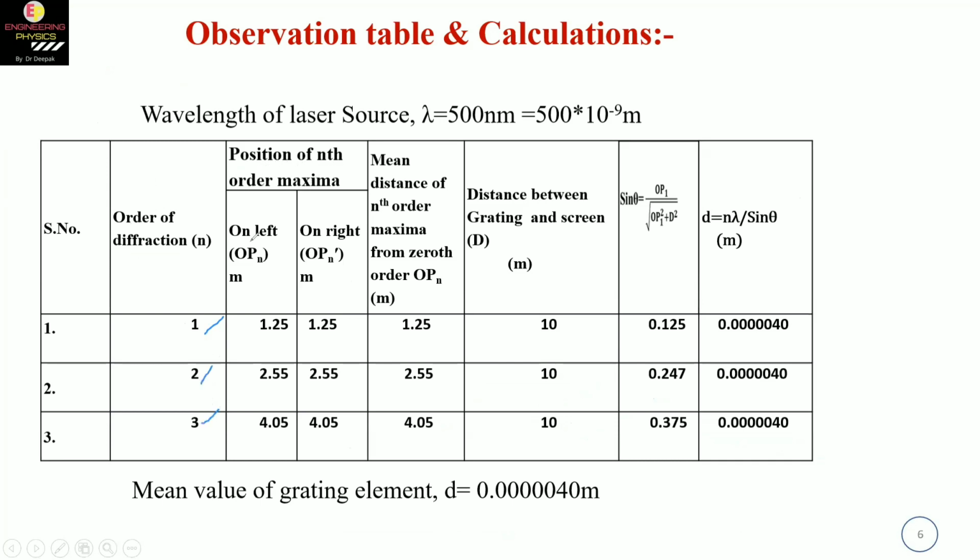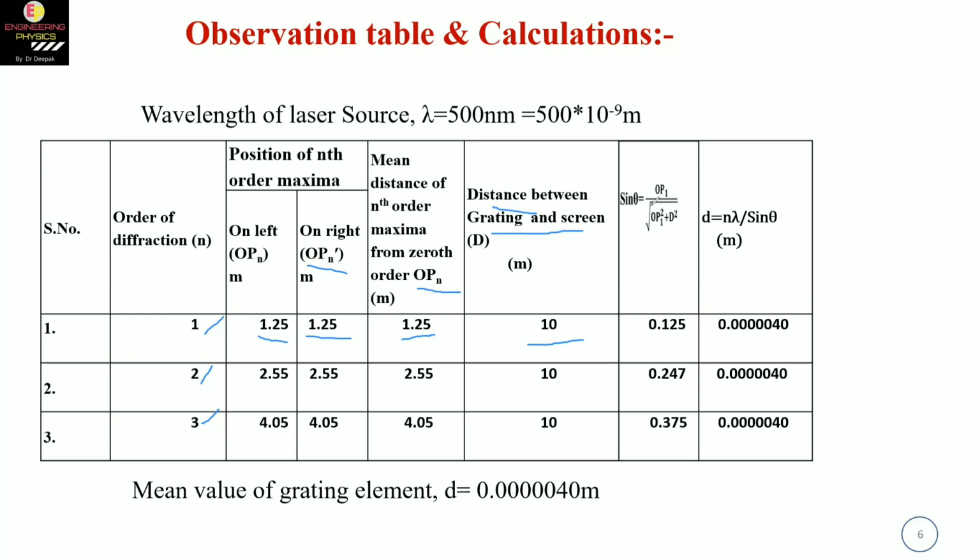Position of the nth order maxima on the left side OPn is 1.25, on the right side OPn dash is 1.25. The mean distance of the nth order maxima from the 0th order is 1.25. The distance between the grating and the screen is 10 meters. Sin theta we can calculate as perpendicular upon hypotenuse. The perpendicular is the distance between the zero order maxima and the first order maxima, this is OP1, 1.25. The hypotenuse is the square root of OP1 squared, 1.25 squared, plus the square of the distance between the grating and the screen, which is the base.